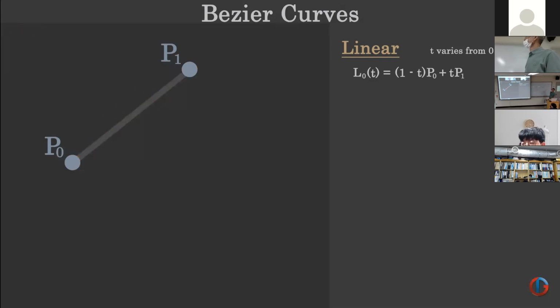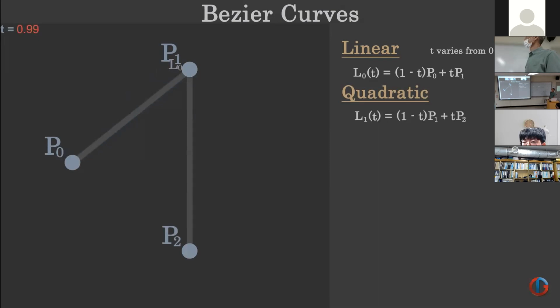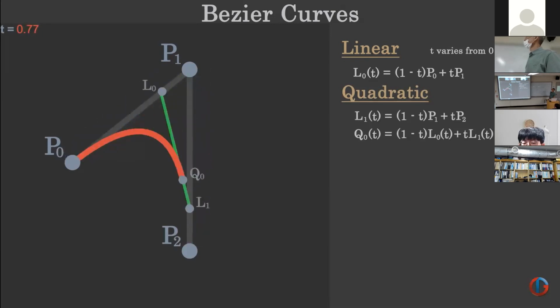In this case, we need 3 points and use a quadratic Bezier curve. First, we need to do another linear interpolation between P1 and P2, and then interpolate between L0 and L1. This will give us Q0. If we trace the path of Q0, it will show a curve going from the first point to the last point. The first and the last control points are always the end points of the curve.